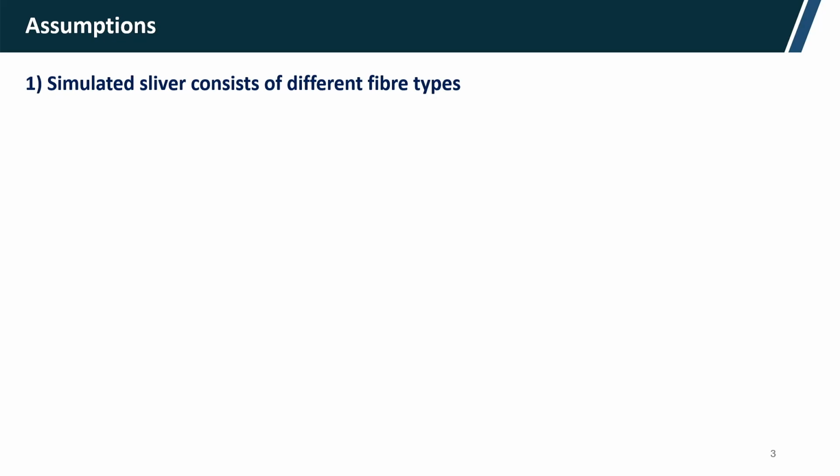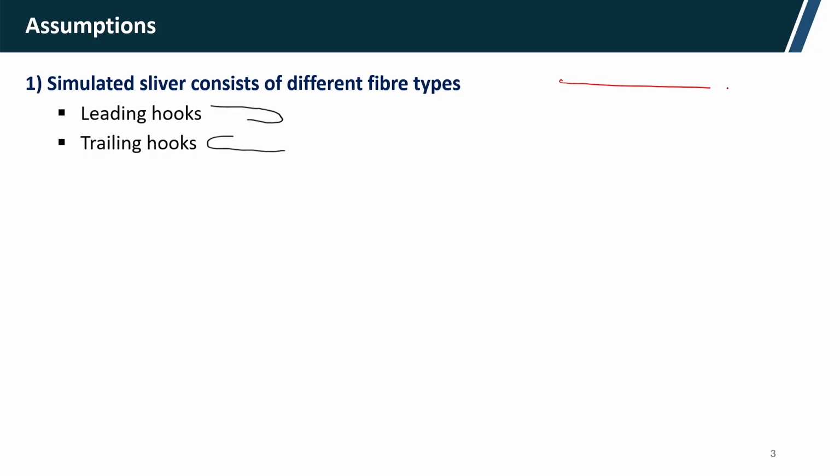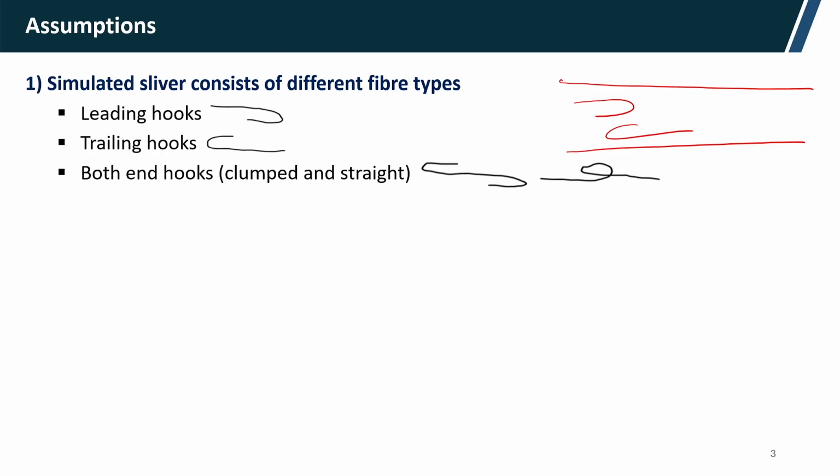So, the simulated sliver consists of different types of fibers. Let us see what the types of fibers are. One is leading hook, then trailing hooks. The sliver has been simulated, where it consists of leading hooks, trailing hooks, and both end hooks.